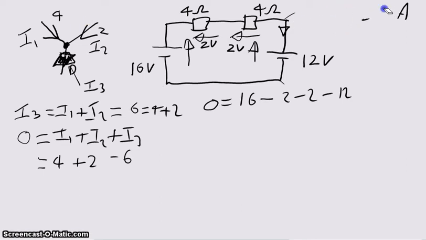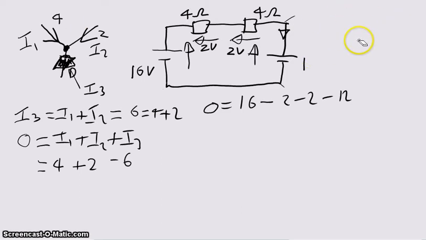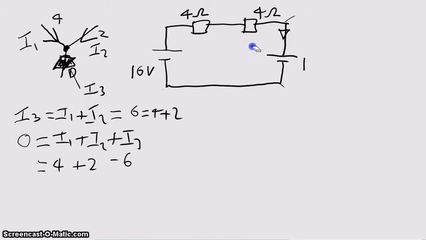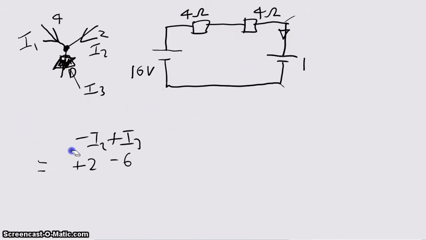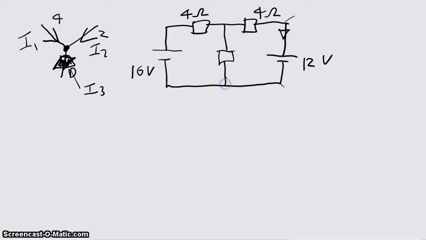Let's get rid of all this. And now I'm going to add an extra component. That's still 12 volts there, say. And we're going to add something just in here. Now in doing that, I'm making the circuit more complicated because I've got an extra component in there.